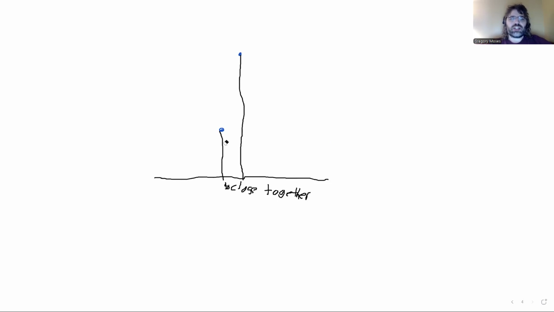Whereas if instead, and let me put where they are, the first projection was there, the second projection was about there. If, on the other hand, we drew this line and we projected onto it, these projections are far apart.